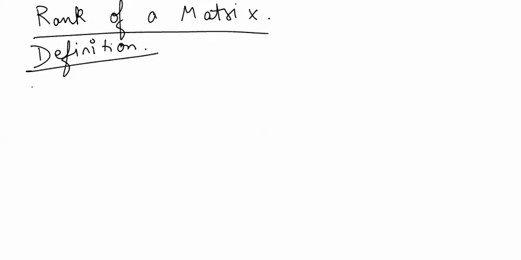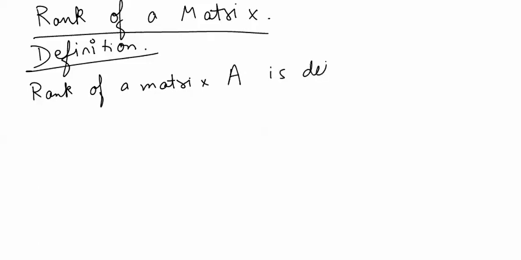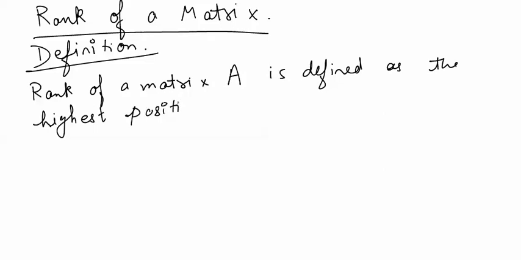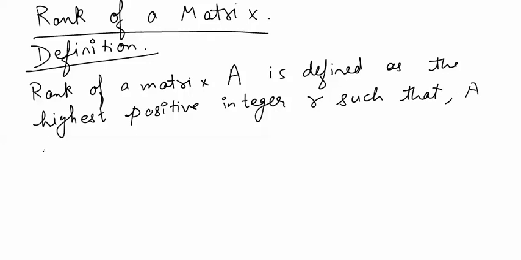You can say that the rank of a matrix A is defined as the highest positive integer r such that the matrix A has at least one non-zero minor of order r.